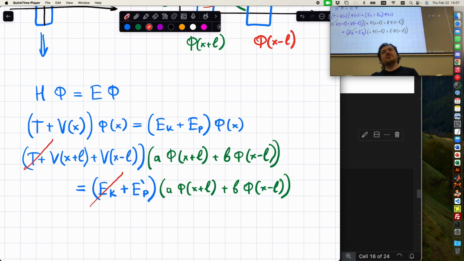and concentrate on the potential part. I will make this part clear later on. T psi x equals E psi x. None of them are x dependent, so you can shift the x however you want. Yeah, that was my idea, but T psi x is not E psi x.